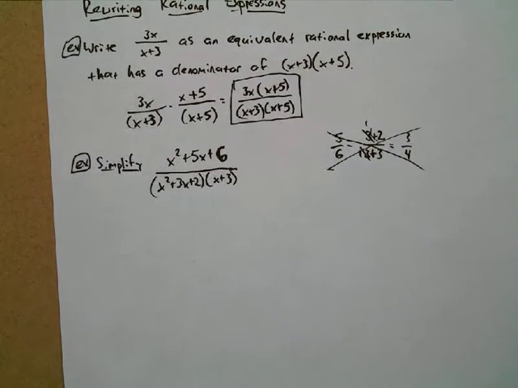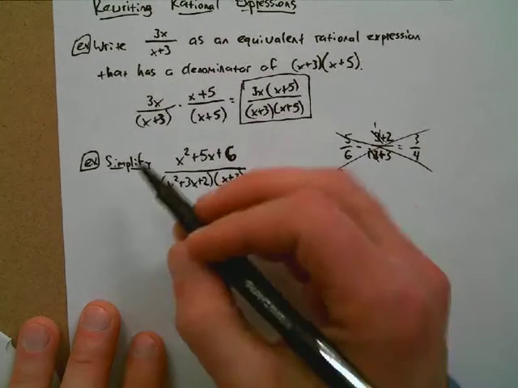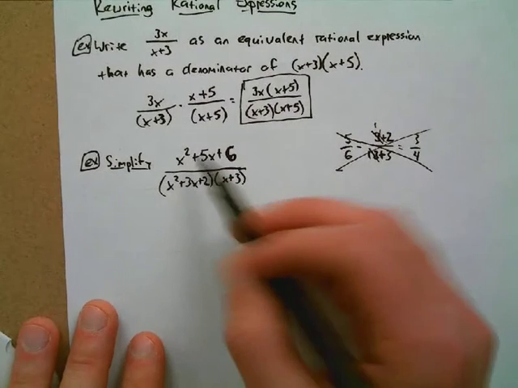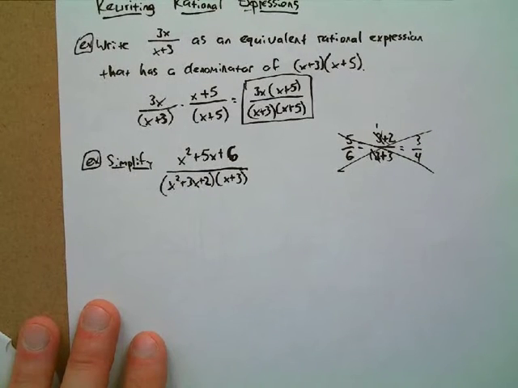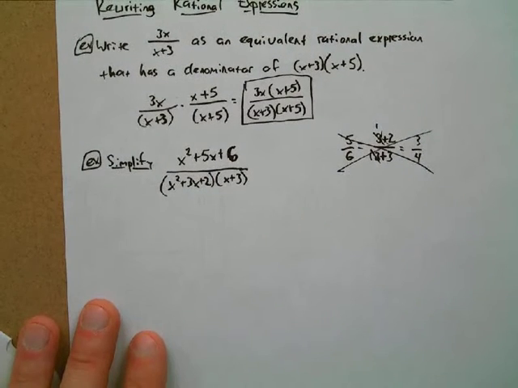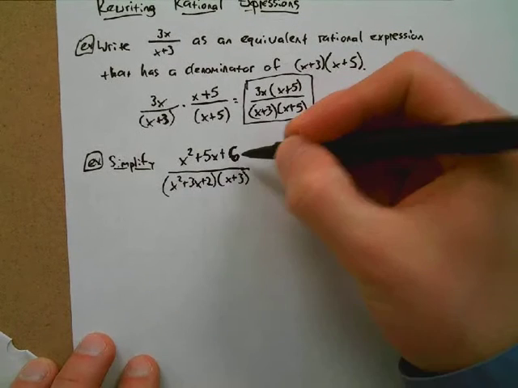So back to my original question, as this is currently written, can we simplify this at all? Nothing cancels. There's nothing that's the same in the numerator and denominator. But to simplify, what can we do with the numerator, or with this part in the denominator? They're quadratics. What can we do with quadratics?